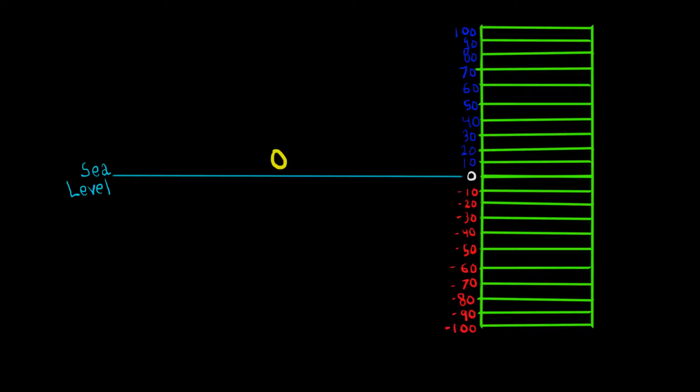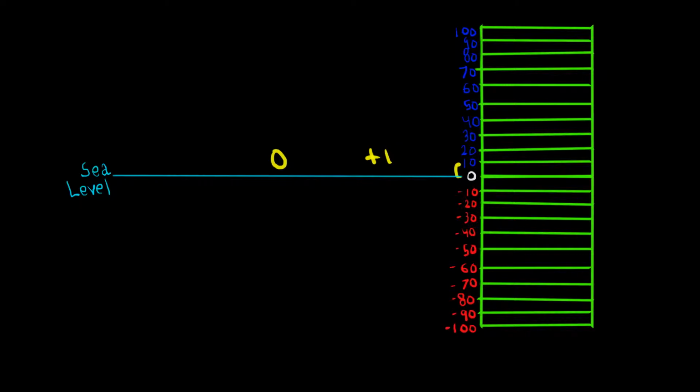Now looking at our scale over here, if we wanted to move to the first floor, we are 10 meters above sea level. And if we want to go 20 meters more, then we are 30 meters above sea level.